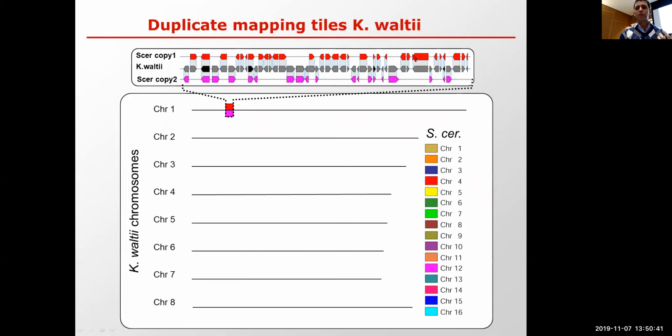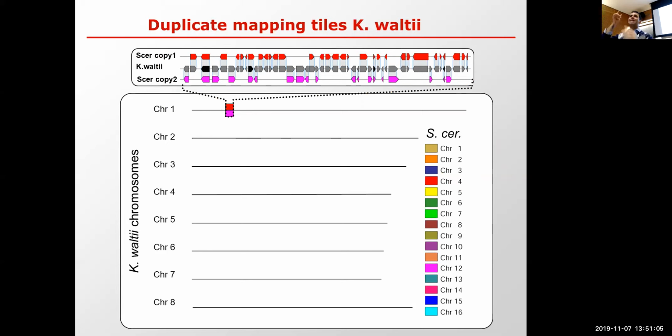This thing here allows you to paint this duplicate mapping between this region of chromosome 4 in Saccharomyces cerevisiae to that region of chromosome 12 in Saccharomyces cerevisiae. Namely, all of these genes that were in single copy before are now brought back together by this new species.